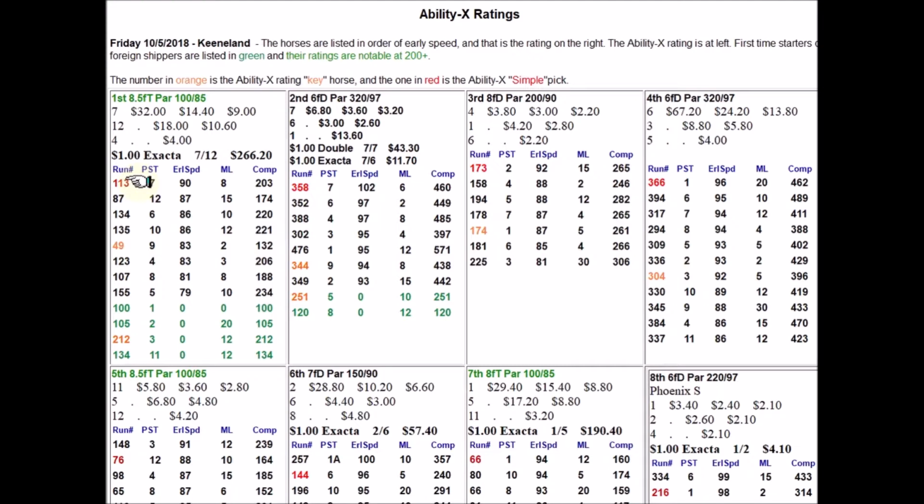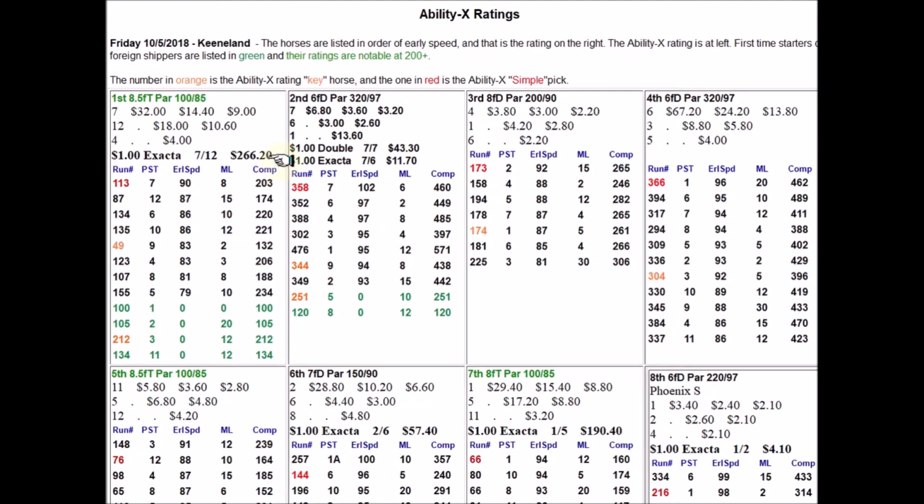But anyway, we can take a look at the first race here, which is a 1 1/16 on the turf. We might notice that it was won by the Ability X rating simple pick, a 113 run rating and 90 early speed. The horse that came in second was a run rating of 87 and early speed rating of 87.